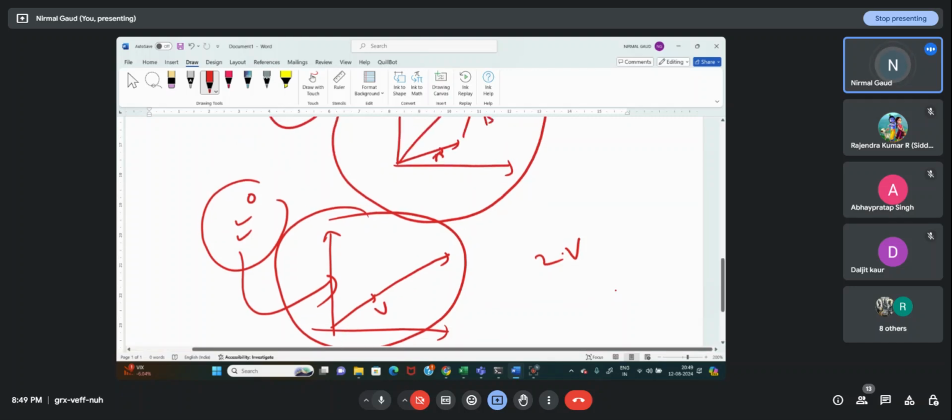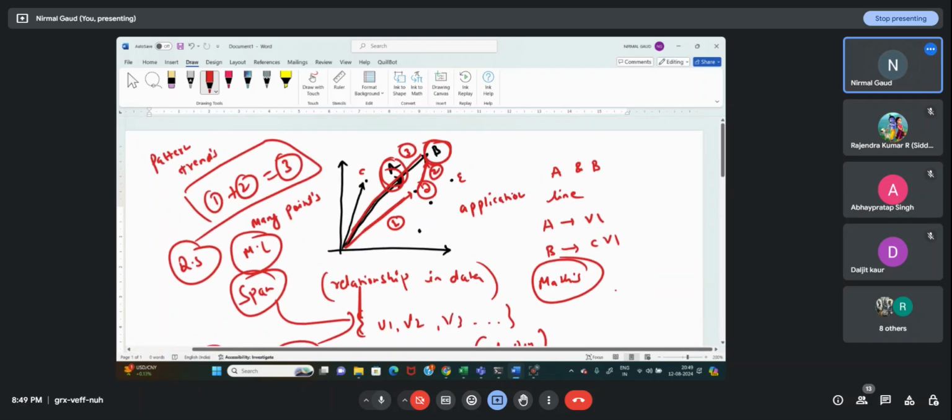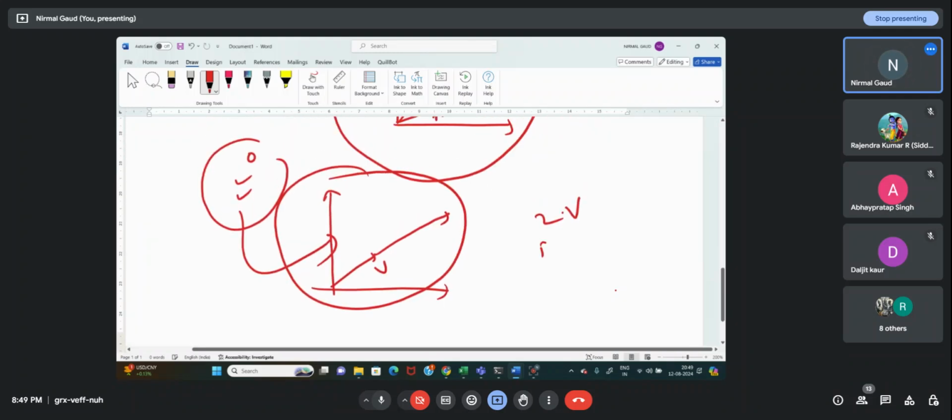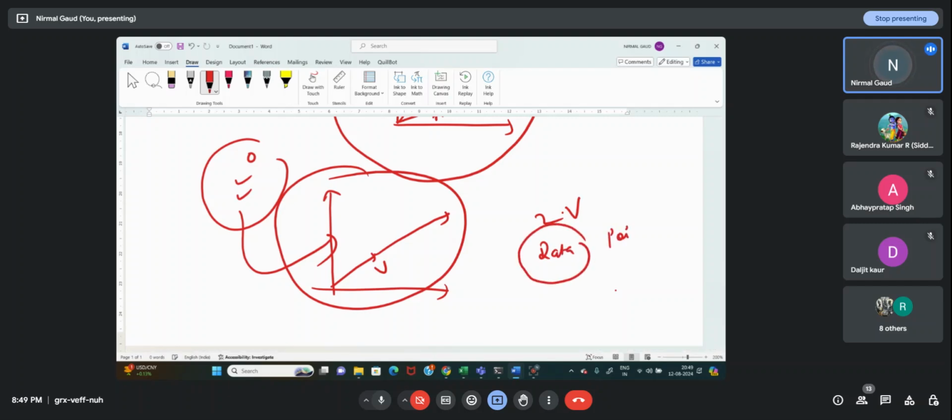So why are we studying all these things, span, subspace? Because of data. Because of data points, you are studying this. I need to understand the data. For that, I am representing the data from the origin in a space with respect to vectors. Vectors have properties.